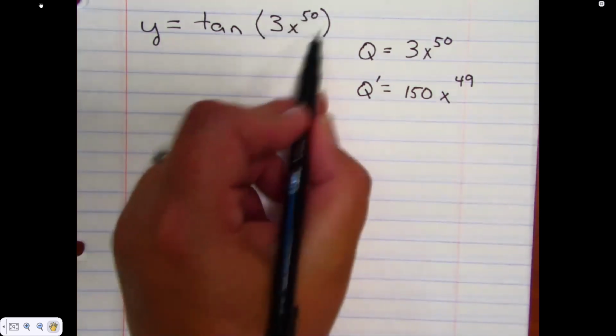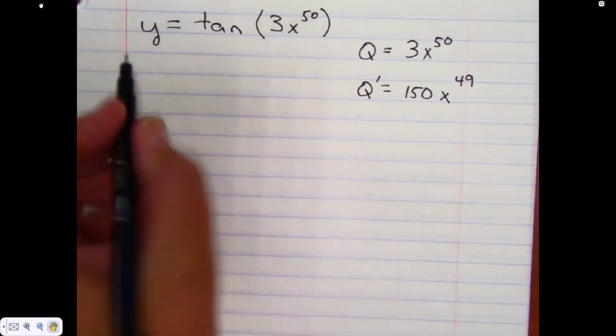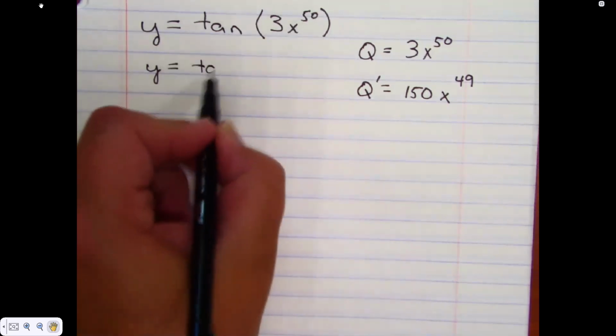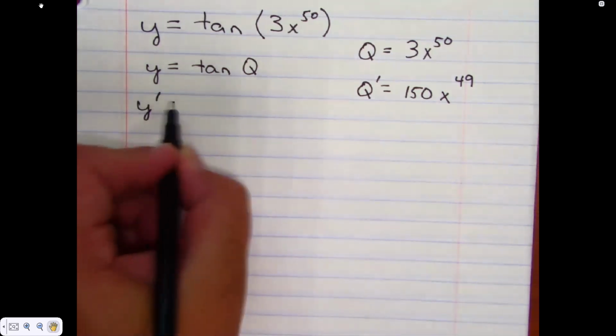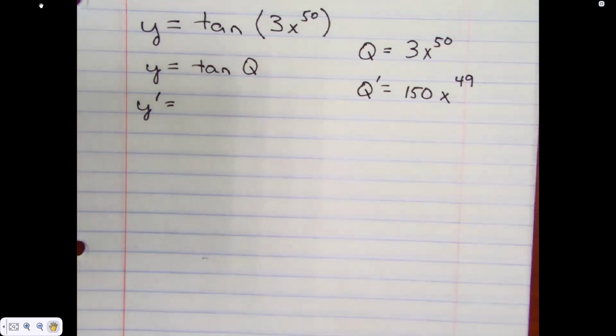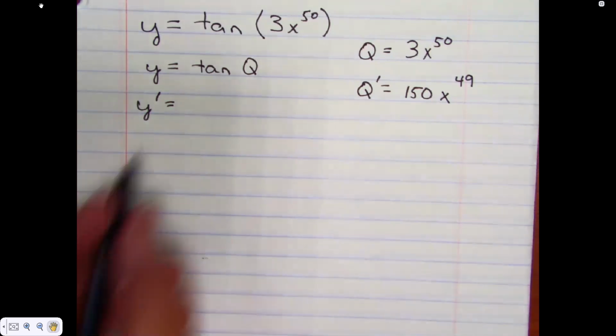Okay, and then we changed all of this to a q, so now I can write it as tangent of q. And then we're ready to take the derivative. The derivative of tangent is, do we remember? Remember, this one you only have to look up. It is secant squared.